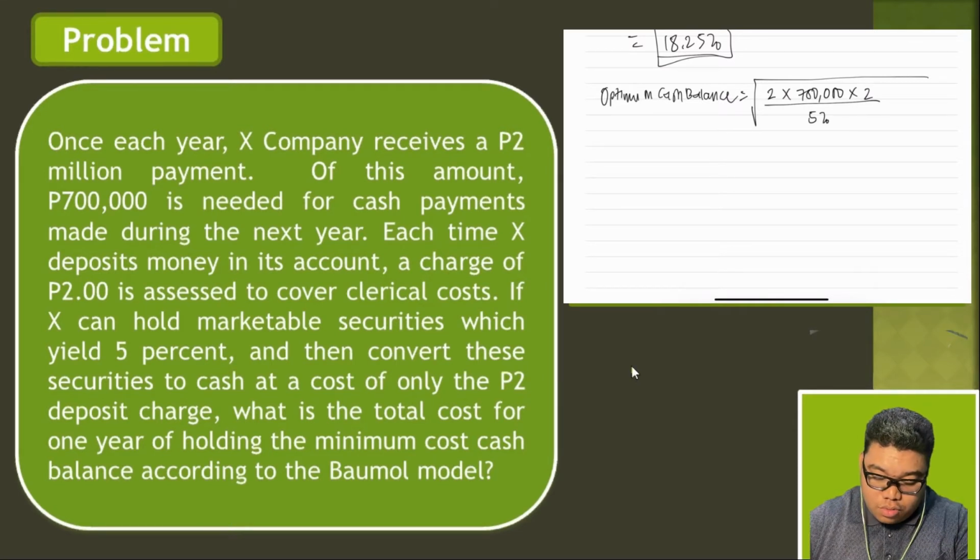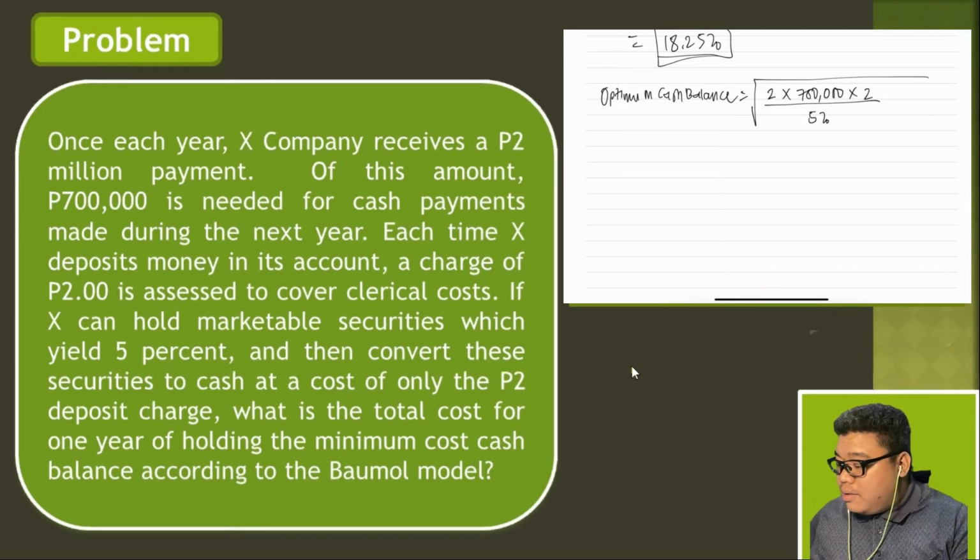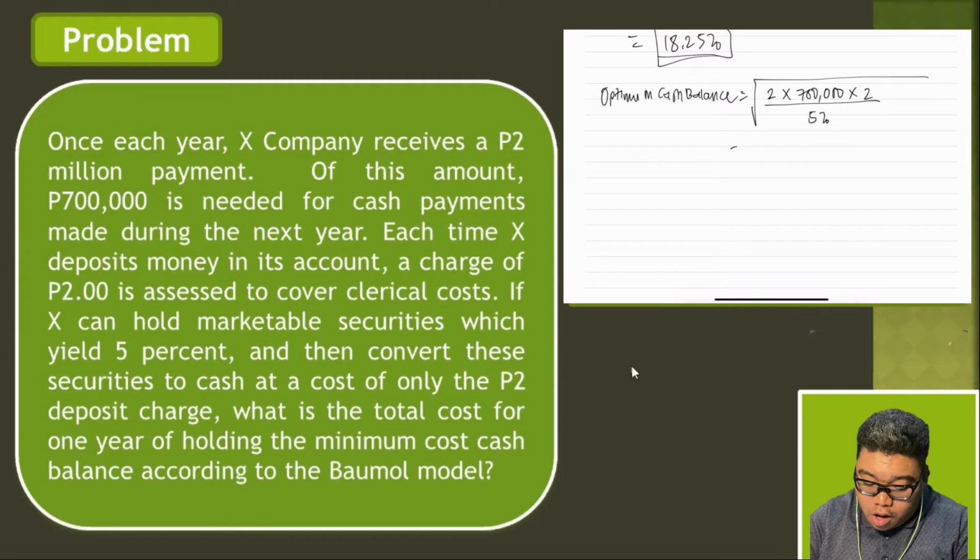So that would be 2 times 700,000 times 2 divided by 0.05. Then we get the square root of that. So our optimum cash balance is 7,483.31. So that is in pesos.